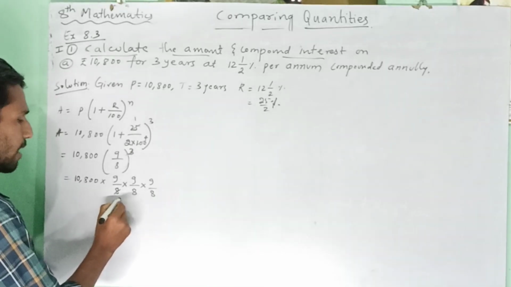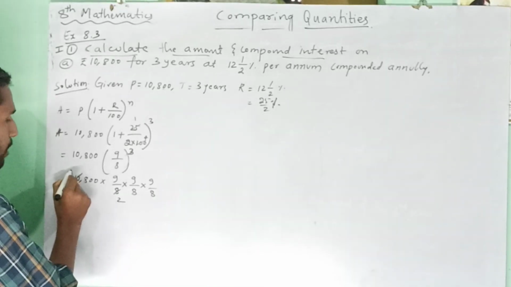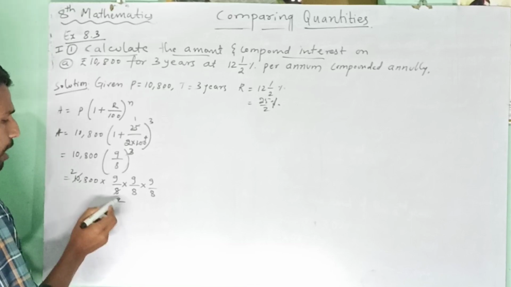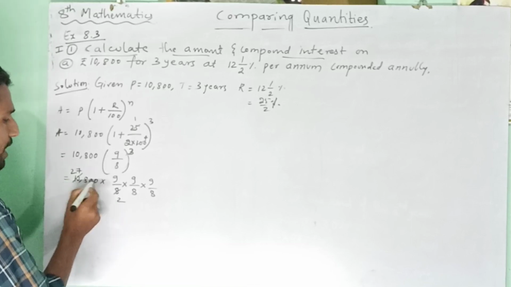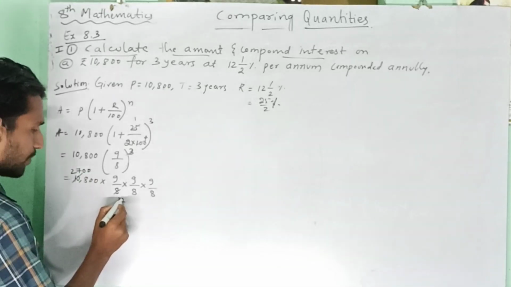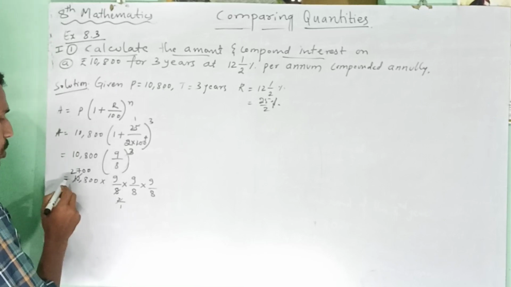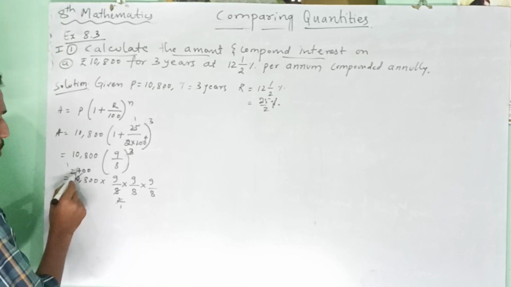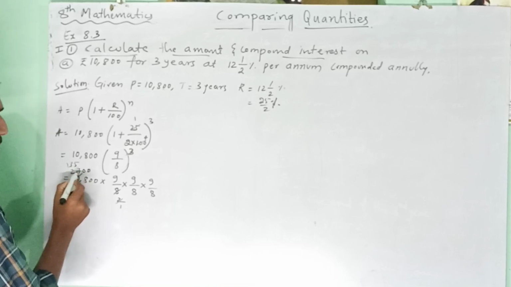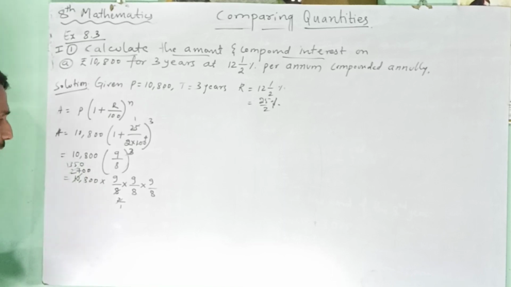Now 4 twos are 8, 4 twos are 8, remaining here 2, here 8. 4 sevens are 28, remaining 2, 0 we keep here. Now again 2 ones are 2, 2 ones are 2, 2 threes are 6, remaining 1, here 0, 2 fives are 10, remaining 0.